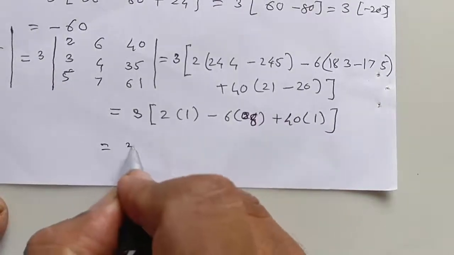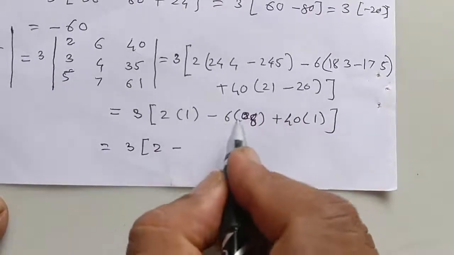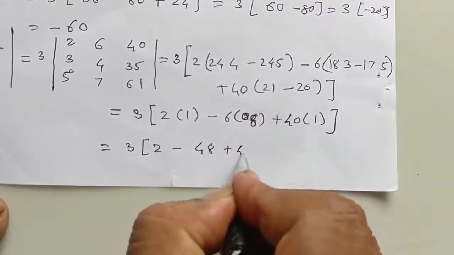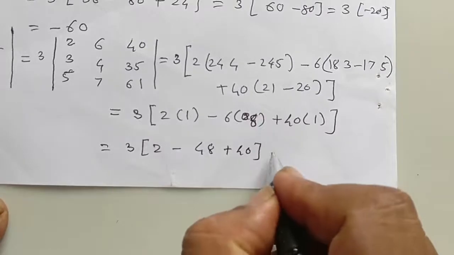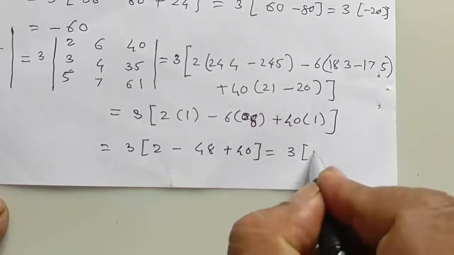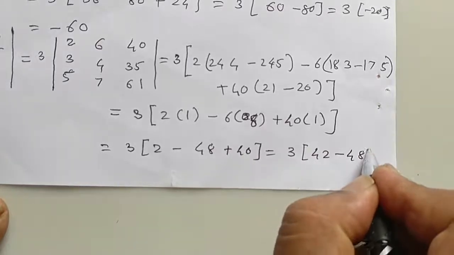So this is equal to 3 into 2, 48 plus 40, it is equal to 3 into 42 minus 48.